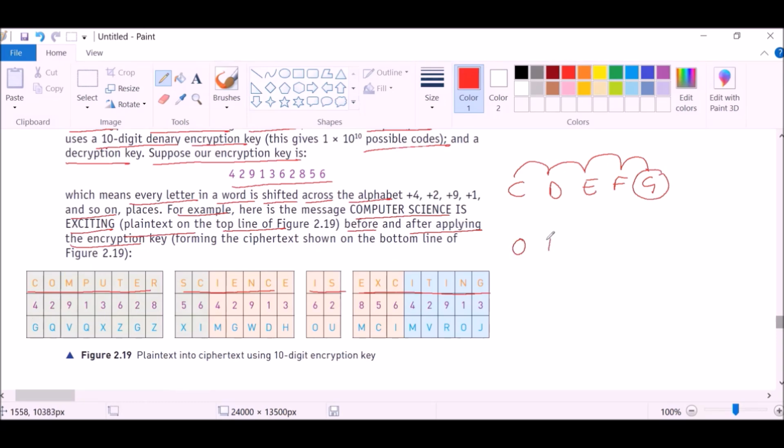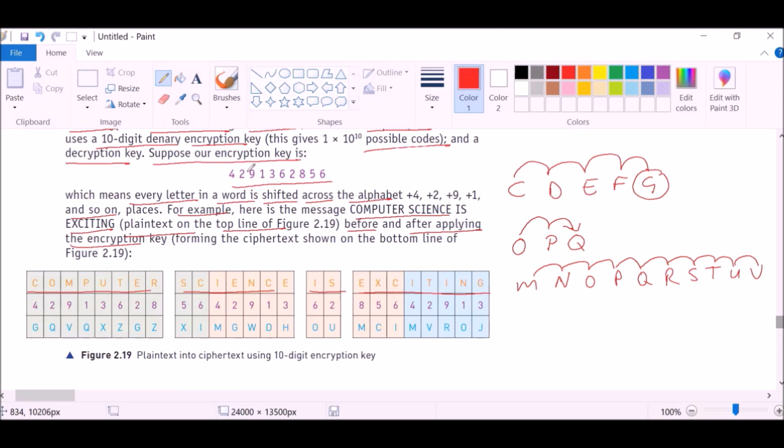O, P, Q. Since we are shifting the second letter by 2, O moves 2 times to the right, from O to Q. M is moved 9 times. So we have M, N, O, P, Q, R, S, T, U, V. We move 1, 2, 3, 4, 5, 6, 7, 8, 9.